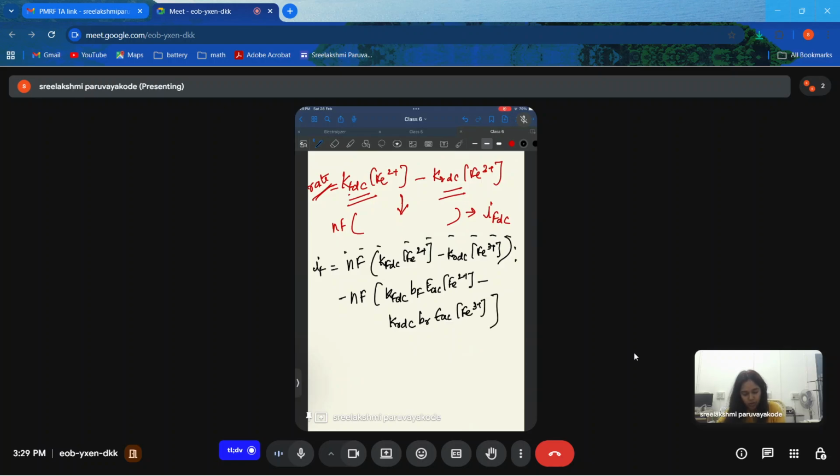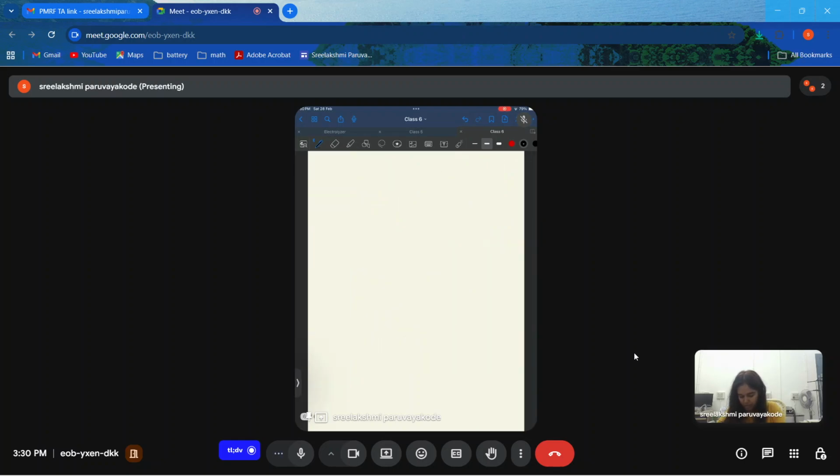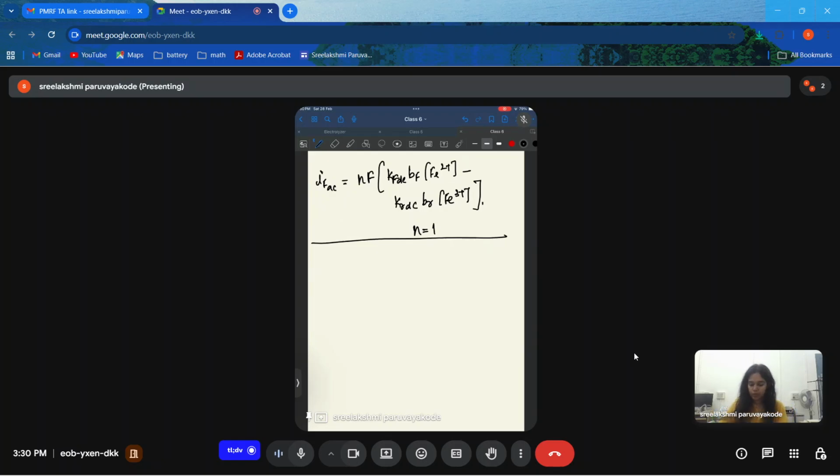This entire thing corresponds to IFDC. Plus, the total current is supposed to be IFDC plus IFAC. So this one is IFAC. So IFAC equal to nF kfDC bf Fe2+ minus krDC br Fe3+. Here n equal to 1 because of the single electron transformation, Fe2+ becoming Fe3+.